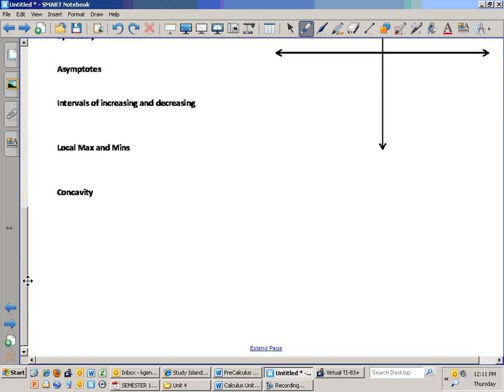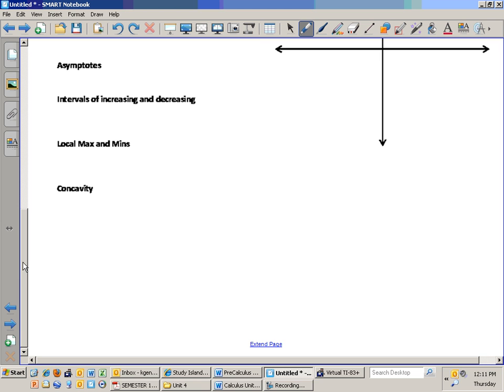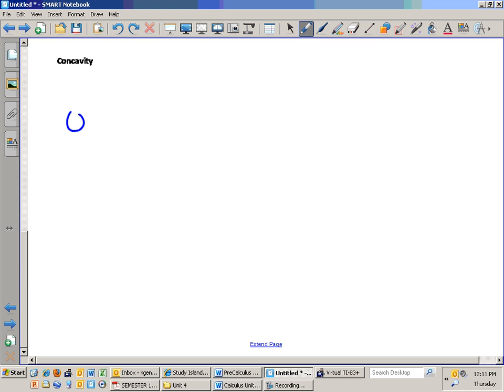In order to figure out the x-intercepts, I set the function equal to 0. So I'm going to use my space down here. I'm going to say 0 is equal to x to the third minus 2x squared minus 3x. What do we do? Factor out an x. Very good. 0 equals x times x squared minus 2x minus 3.